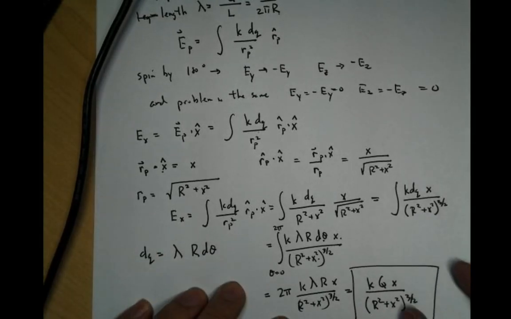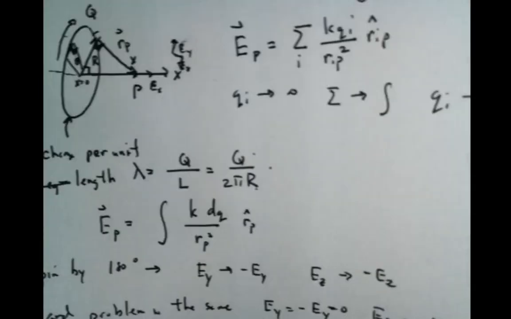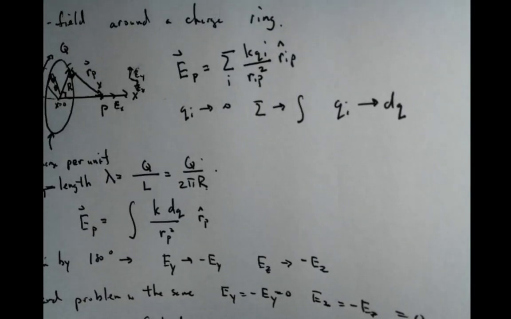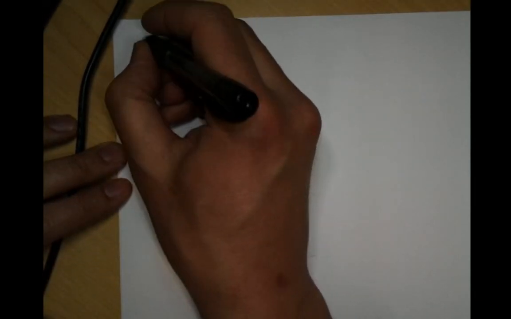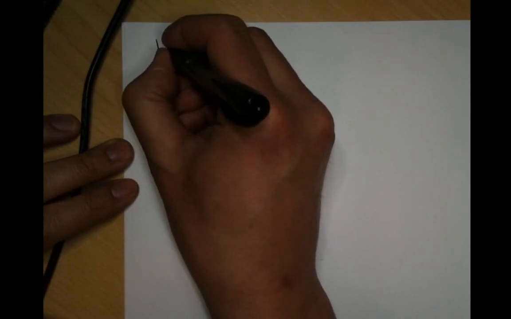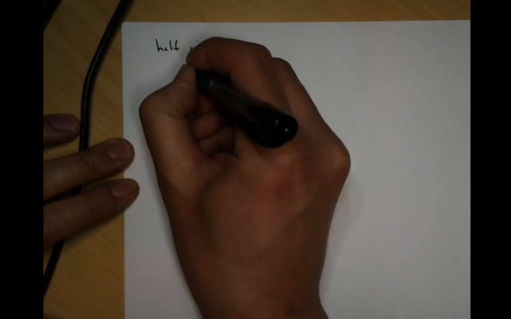I'm going to return to this example in just a second, but before I do, I'm going to complete one example where I just missed it. So I'm going to look at the following situation. Let's imagine a half ring. That's a half ring right there.